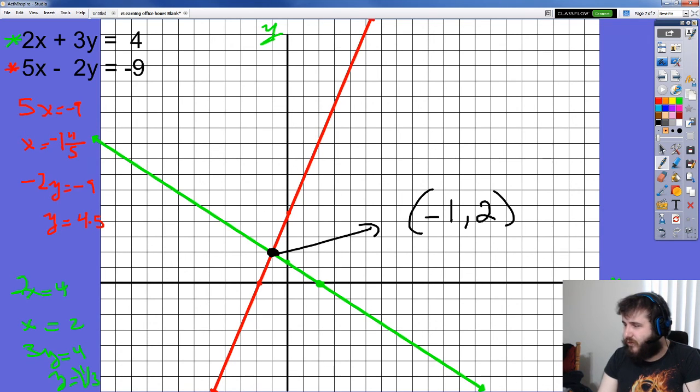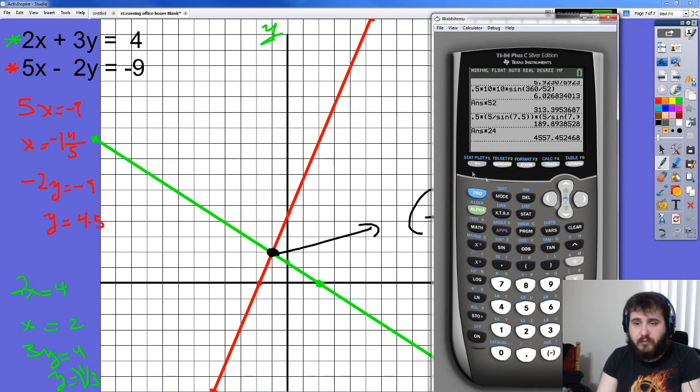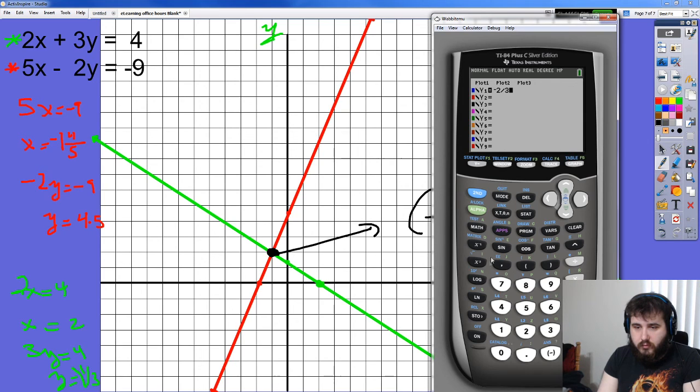If you've got a graphing utility like this, and you want to put it in slope-intercept form, be my guest, you can actually do it this way. -2/3 x plus 4/3 is that first one.